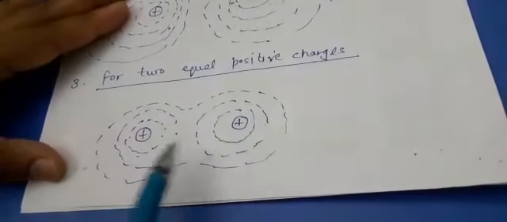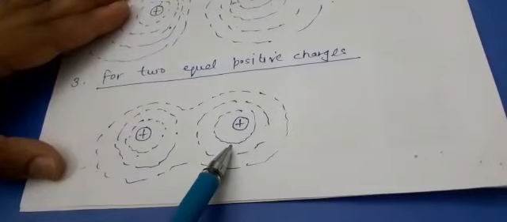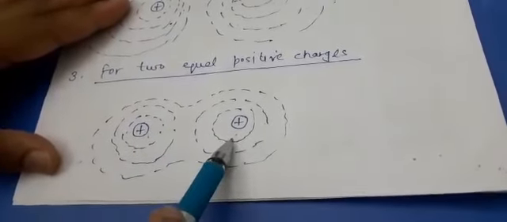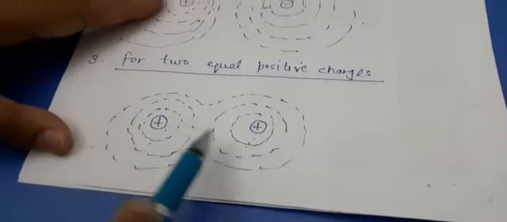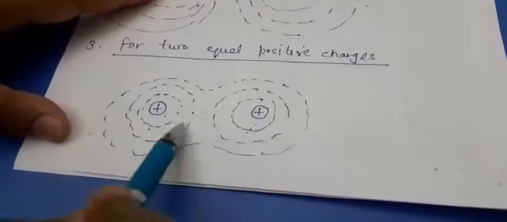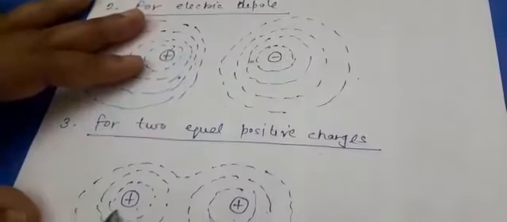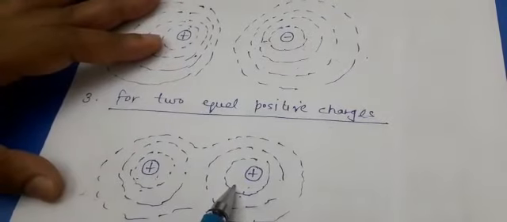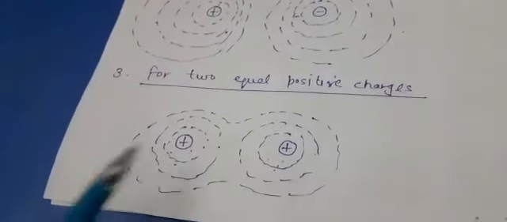So when we are taking two positive charges, you are observing that there is a force of repulsion. So due to repulsion, the surfaces are far apart in between the two charges. Here these were lying closer in between, but here the surfaces are lying far apart from each other in between the charges.